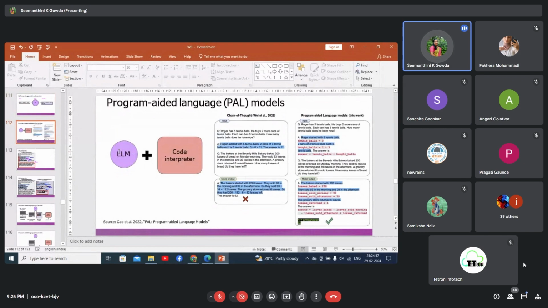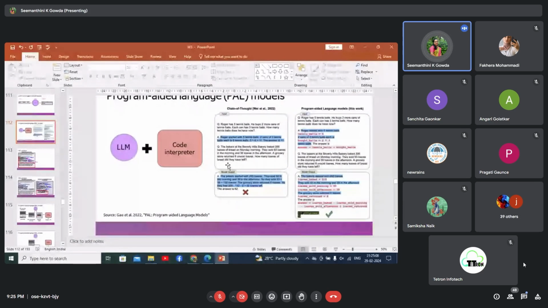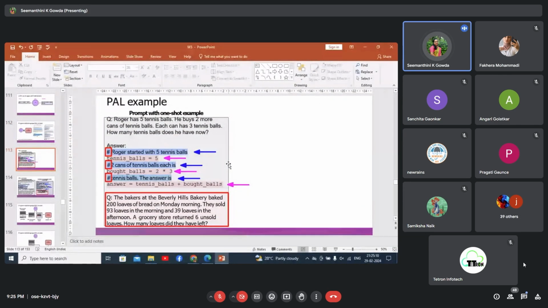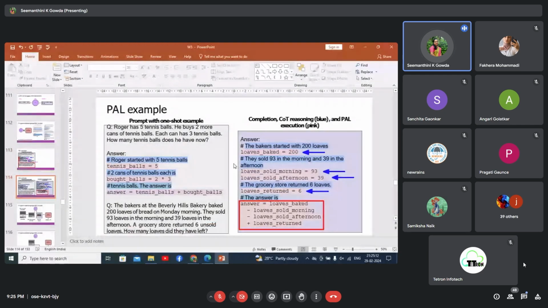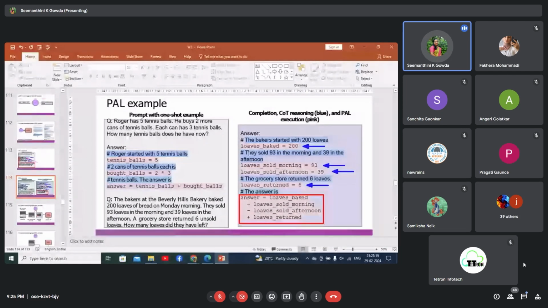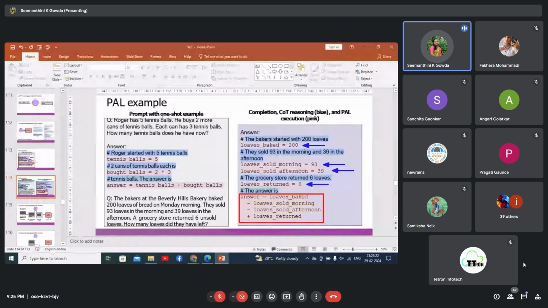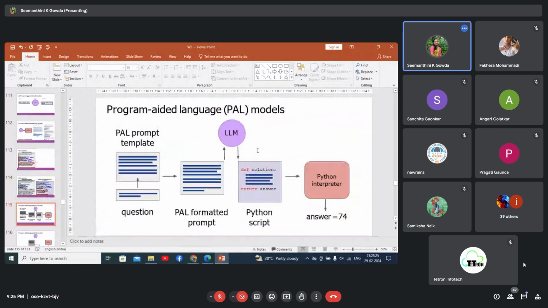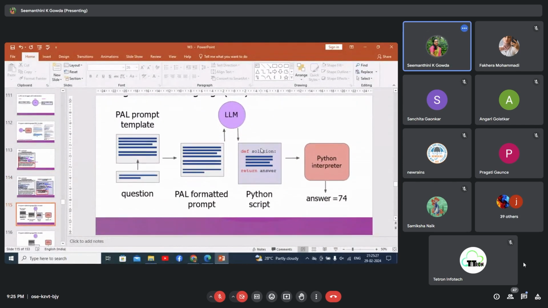For mathematical operations and some programming concepts, implementing code and an interpreter with the LLM plays a very important role, and it provides the proper output. When you try using ChatGPT nowadays, we get proper output for programs, formulas, as well as numericals, because they have implemented the concepts of PAL with the LLM, right?